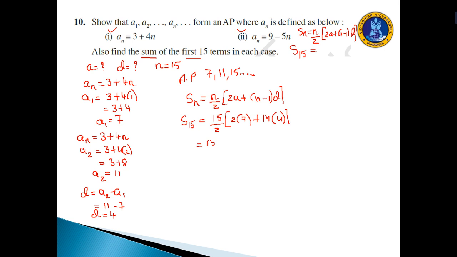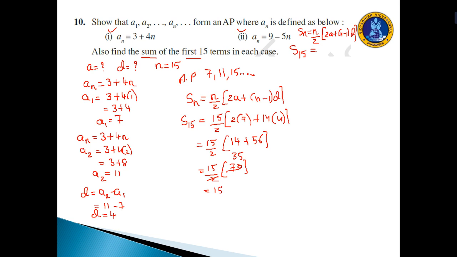So 15 by 2, 7 2 is 14 and 14 4 is 56. 56 plus 14, that is 70. So divided by 2, we get 35.